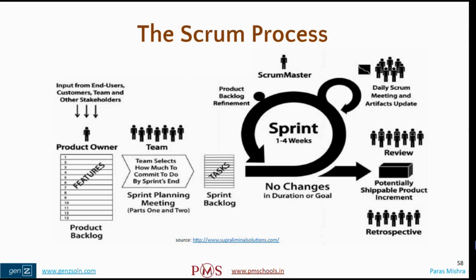Suppose during the sprint planning meeting, you thought this particular thing you can do in this particular manner and it can be quick. But when you start working on it, you get stuck because you realize there is a dependency. In this meeting, you come and you talk to your Scrum Master and product owner, you tell them, and they can adapt to that change. Okay, no problem. Let's do it another way. That is the adaptation.